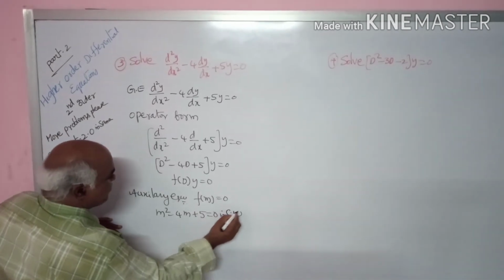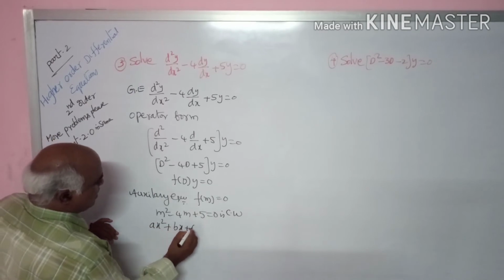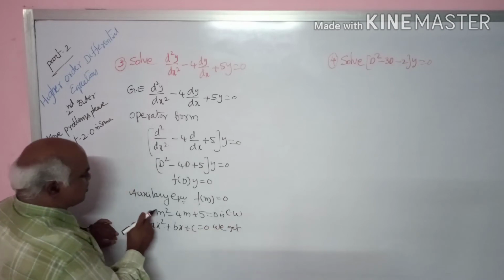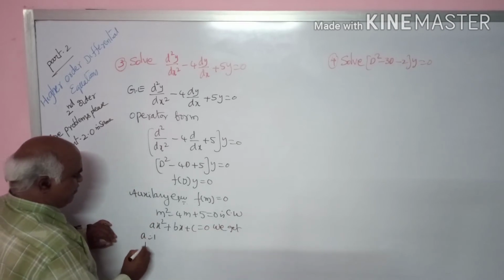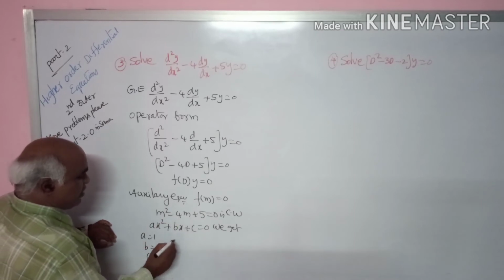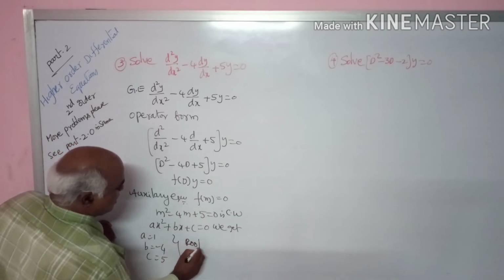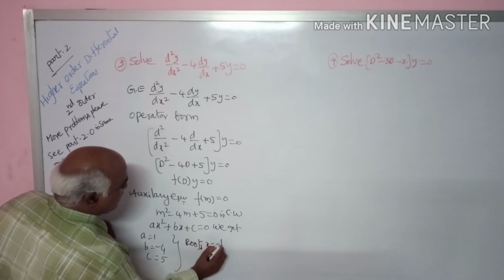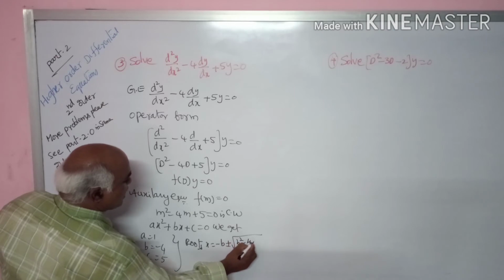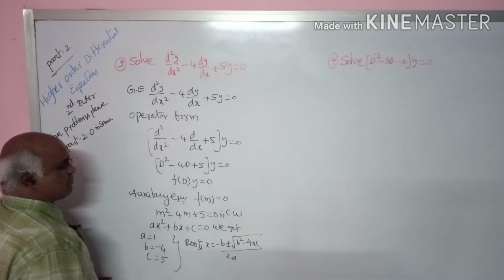Comparing with ax square plus bx plus c is equal to 0, what is the coefficient of m square? a is equal to 1, b is the m coefficient, minus 4, and c is the constant, 5. What is the formula for the roots? The roots are x is equal to minus b plus or minus root of b square minus 4ac by 2a. For all quadratics you can apply the same formula.